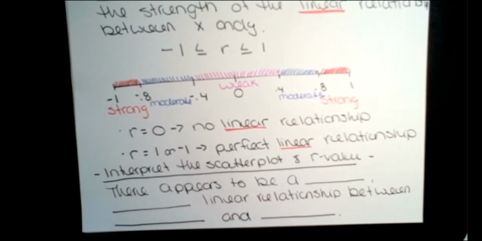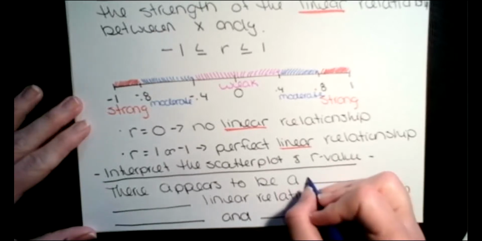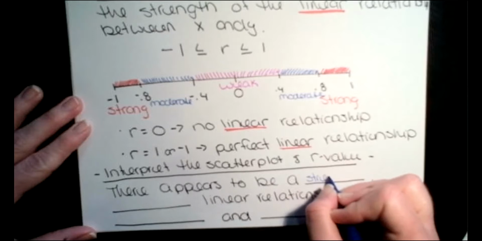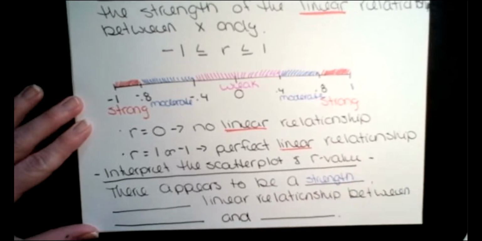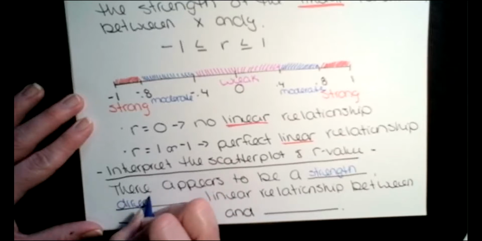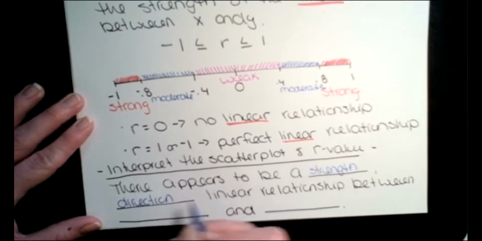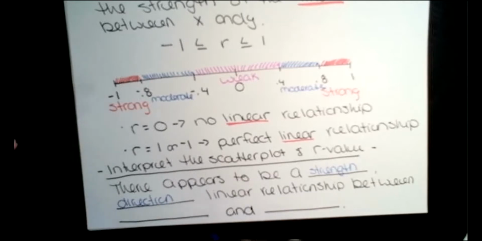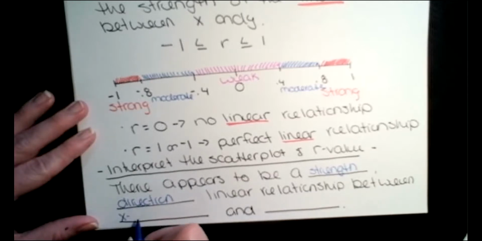You don't just say X and Y, right? You put it into context. Let me just fill these in here. It doesn't matter if you talk about the strength first or the direction first, does not matter. It doesn't matter if you talk about the Y variable and then the X or the X and the Y, it does not matter. Just filling it in.